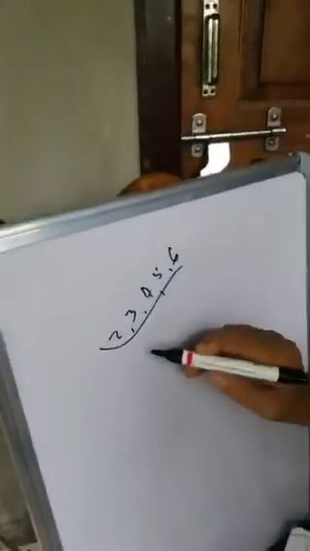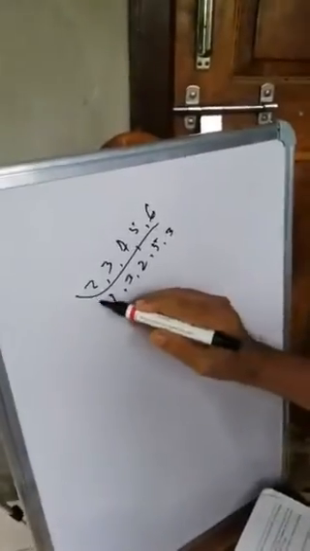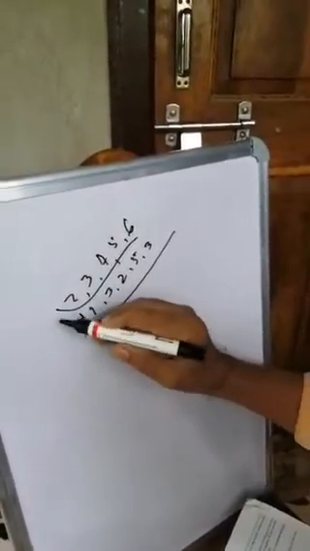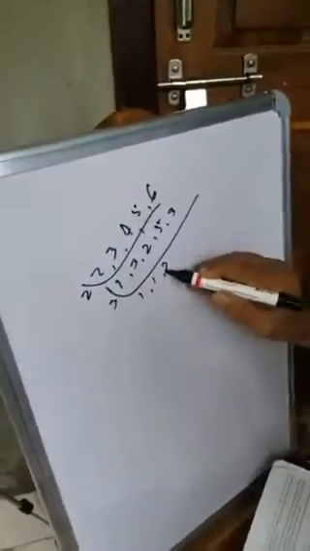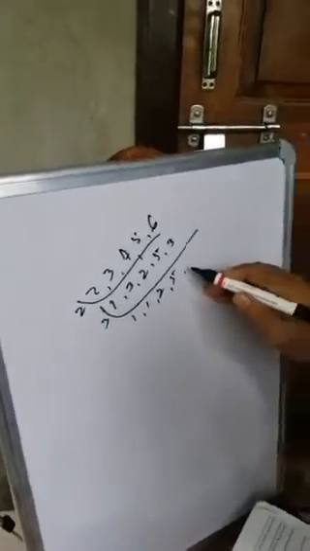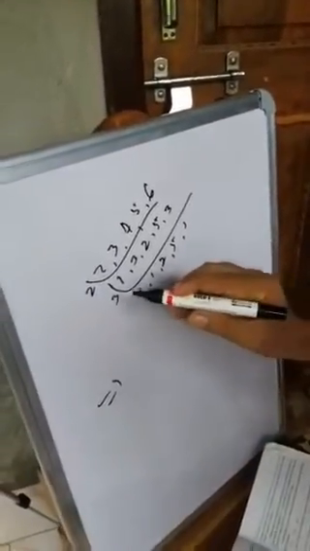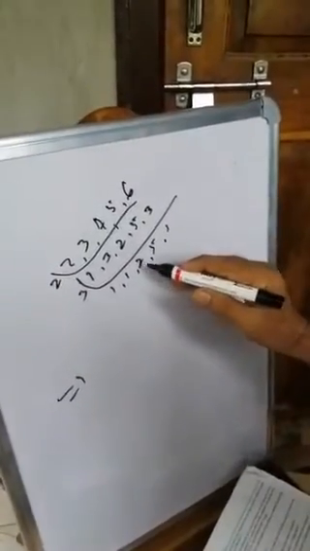So the LCM is 2 into 3, 6 into 2, 12 into 5, 60.